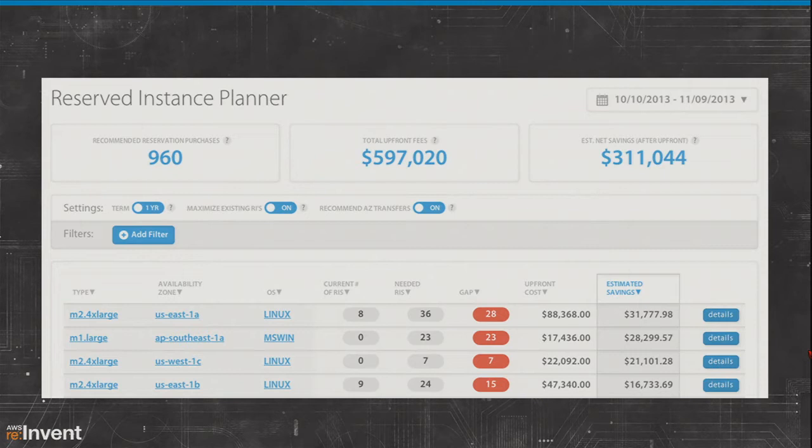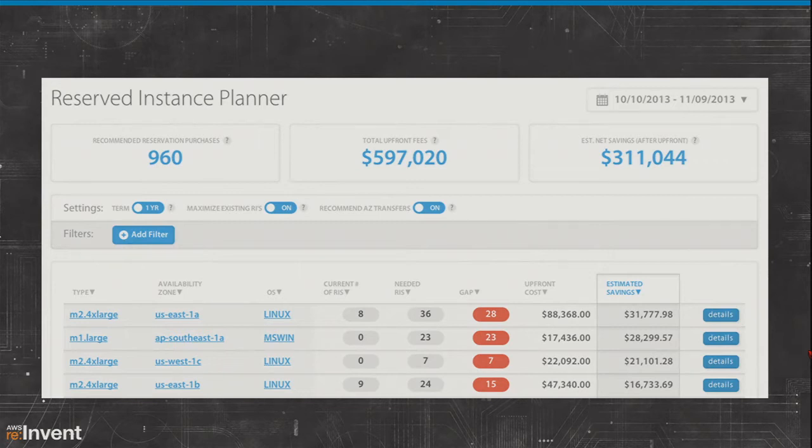So what your upfront costs are, what your estimated savings are going to be, and then I'll drill into the details here. So the net, if you look at the top here for this account, we're basically recommending 960 reservation purchases. And the upfront fee there is going to be about $500,000. But at the end of the reservation term, you would save over $300,000 versus on demand.